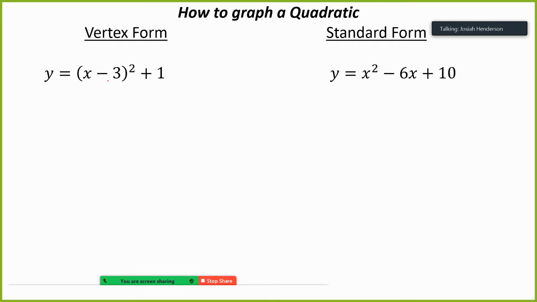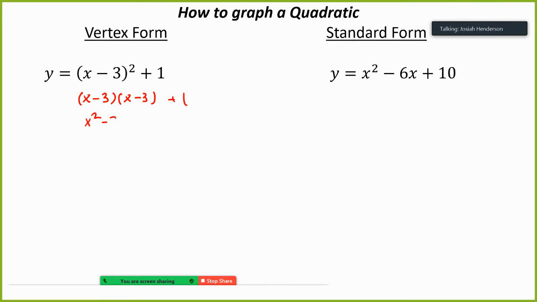If you want to see how the vertex form on the left equals the standard form on the right, we multiply out x minus 3 squared. I'll show it to you really quick here, just in case, so you see how they equal each other. So we multiply out those. Remember, think back to the beginning of unit 2, multiplying.